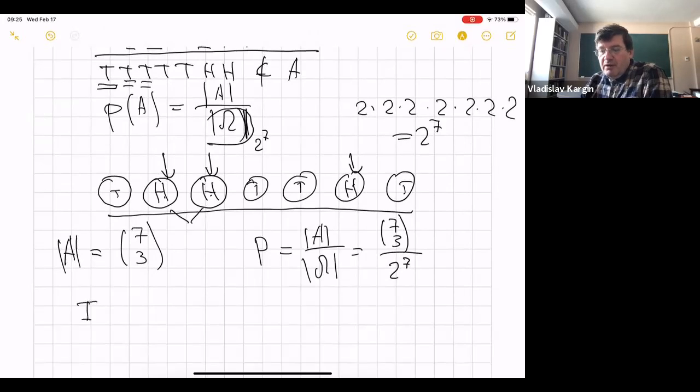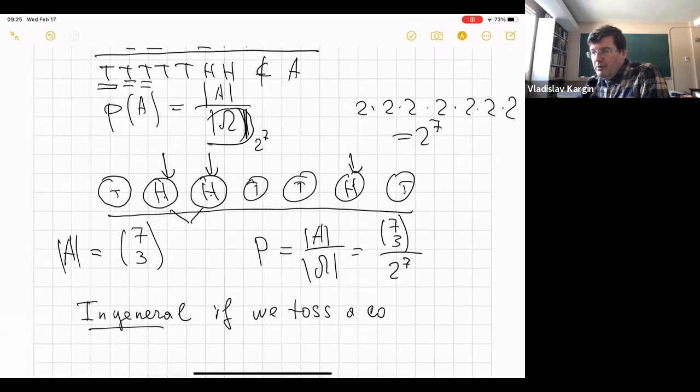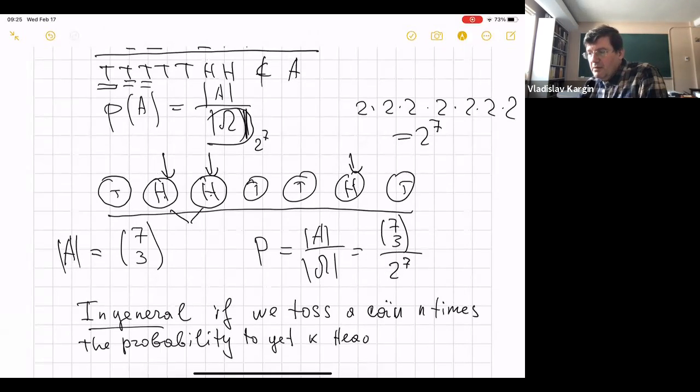And in general, if we toss a coin n times, the probability to get k heads is k out of n, the number of ways to decide which of these tosses were heads, divided by 2 to the power of n.